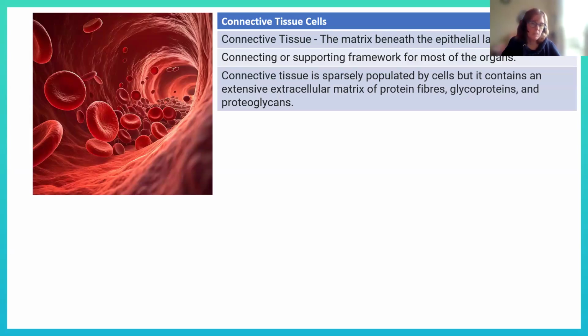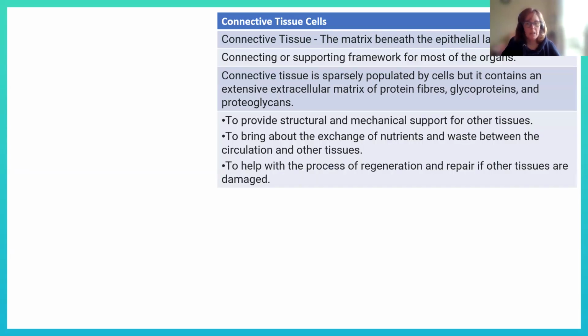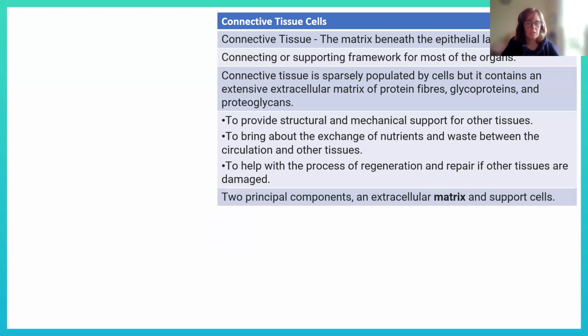Most of it is fibers and proteins and not many cells. What it does is provide structural and mechanical support for other tissues, like the epithelial tissue we were just talking about. It could be really important for the exchange of nutrients and waste in the example of blood. And it could be really important to help with regeneration and repair if tissues are damaged.